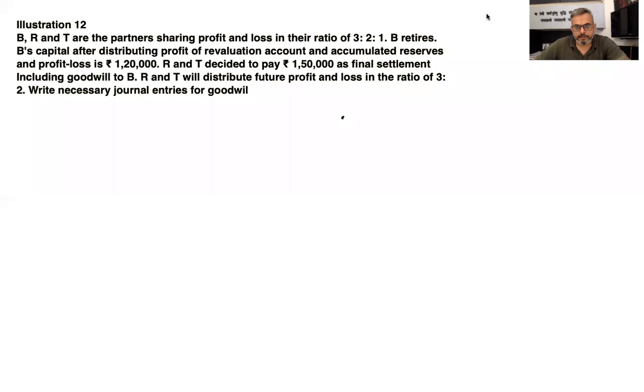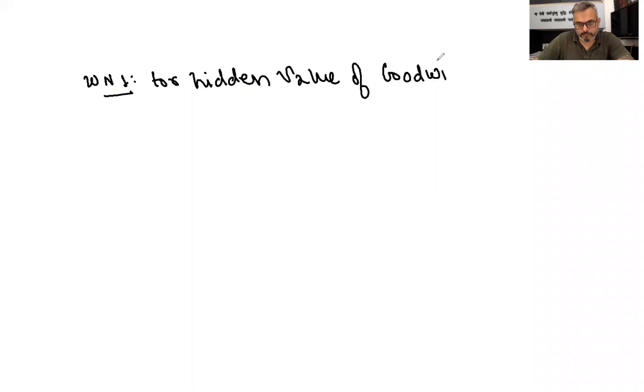Now over here in this sum, you are not given what amount of goodwill is there directly. So we need to find out. So let's do a working for it. For working, I'll go to the next page. Working note 1 for hidden value of goodwill. Now, how much amount we are paying?